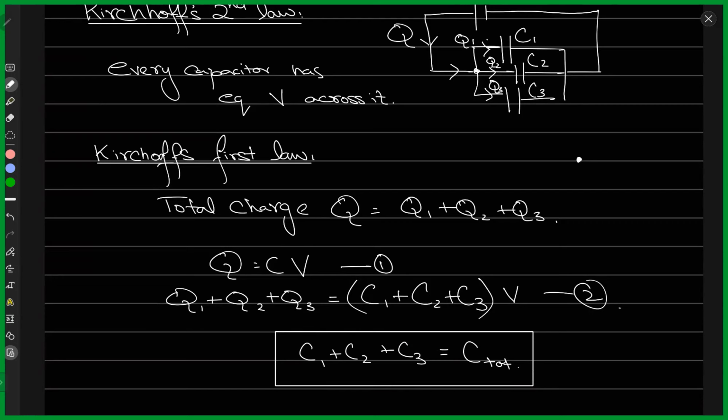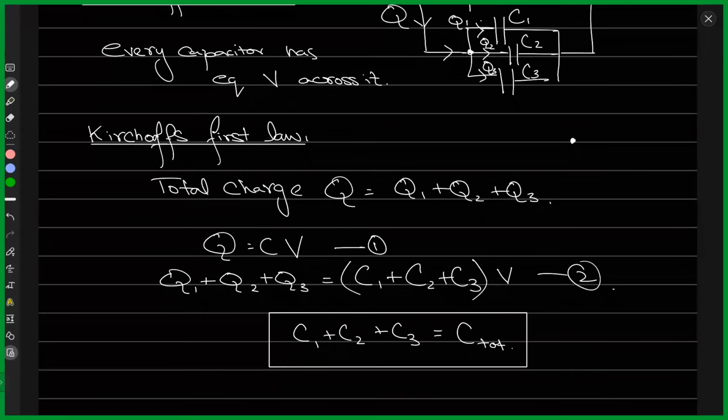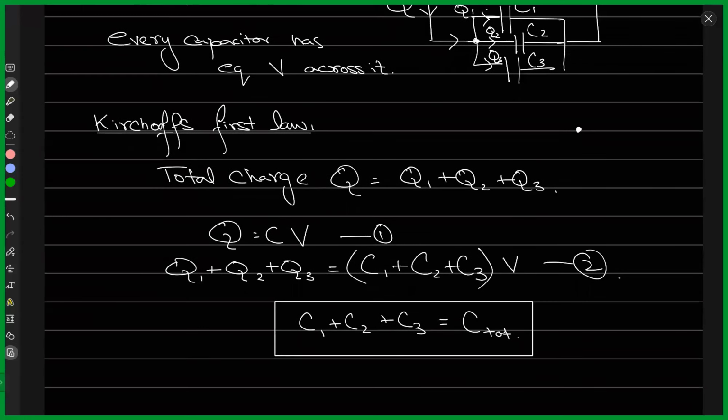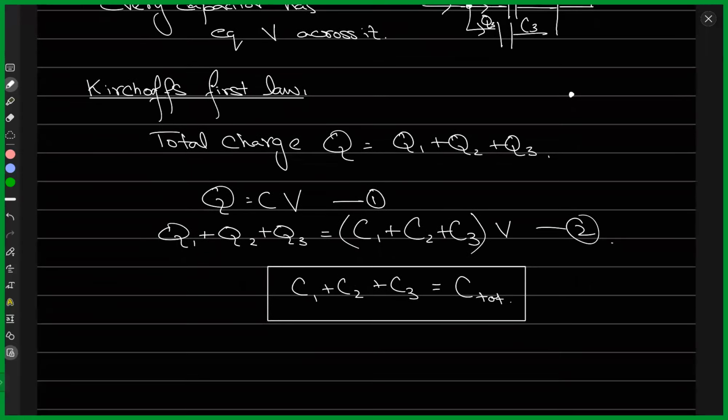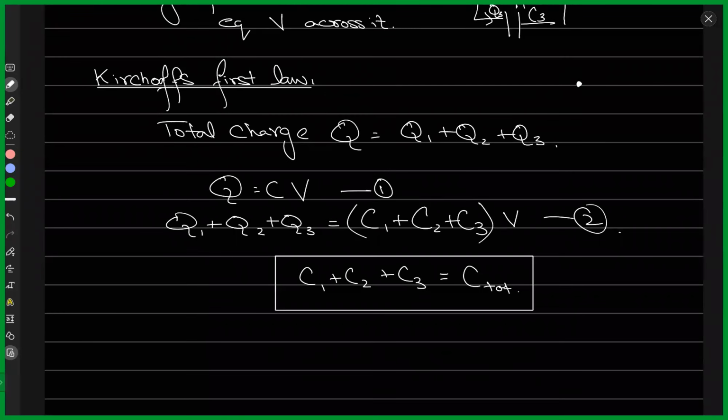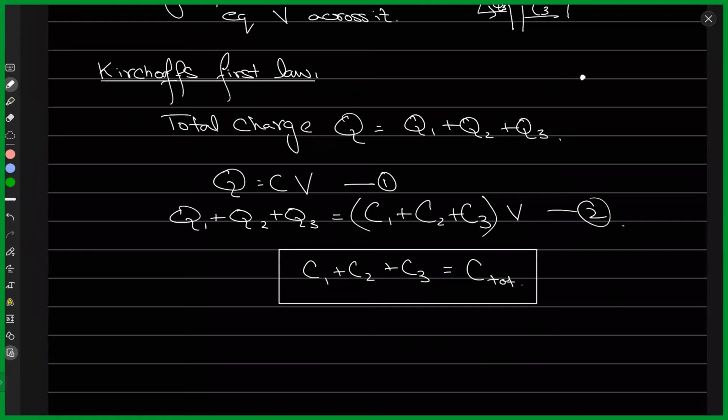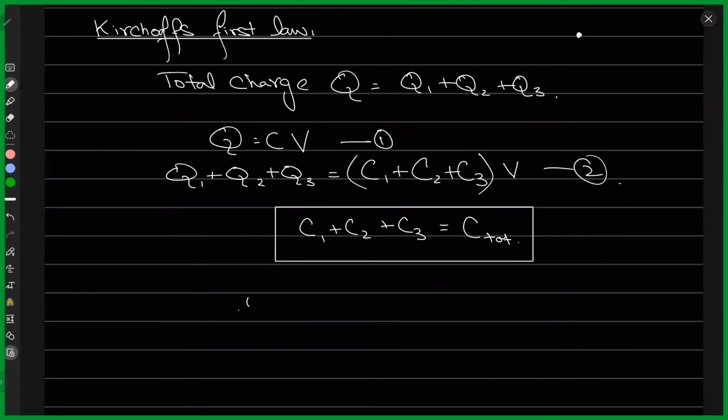You'll just notice that this equation is almost similar to the equation that you have for resistors. Actually, if I do capacitors in series, it's only then that you can understand that, because for capacitors in series, it will come out to be 1 by C1 plus 1 by C2 plus 1 by C3. And we'll do this, but let me just say it anyway.